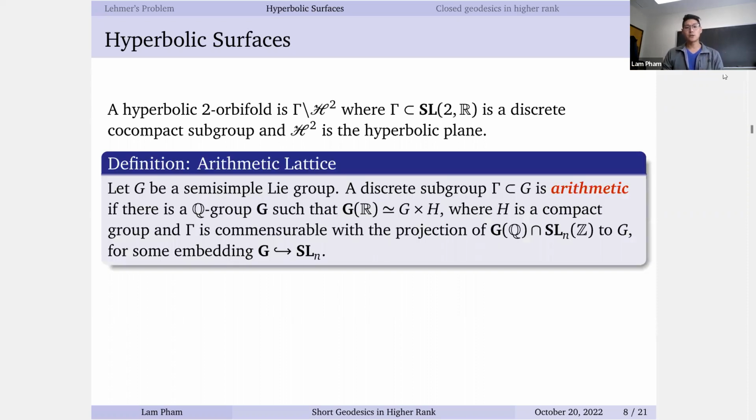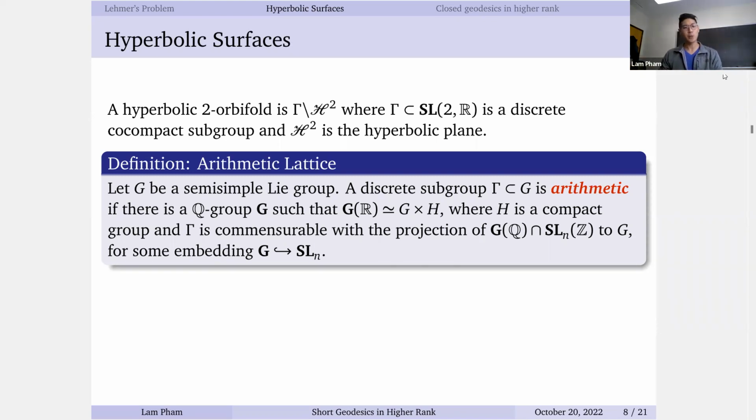The more specific case that I'm interested in in this work is the case of an arithmetic orbifold, in which case I need to define an arithmetic lattice. So if you have G a semi-simple Lie group, and you can think of SL2R as in the definition above, you take a discrete subgroup gamma inside of G, and such a discrete subgroup is arithmetic if the following holds.